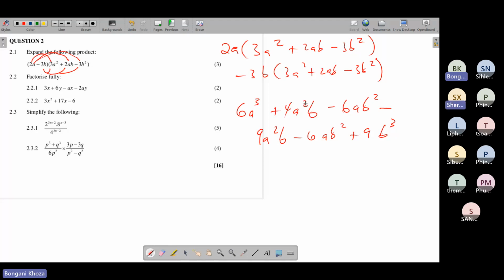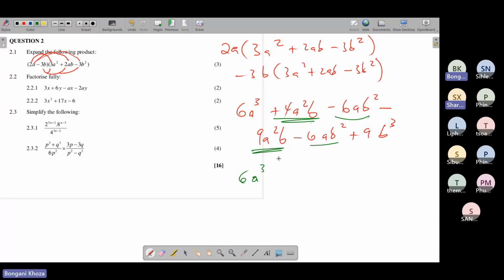So this has a squared b, this has a squared b, so that one and that one count as like terms. This has ab squared, this has ab squared, so this guy and that guy count as like terms as well. So that means this doesn't have a like term, so we'll write it as it is, 6a cubed.